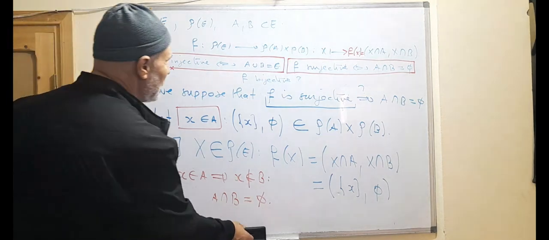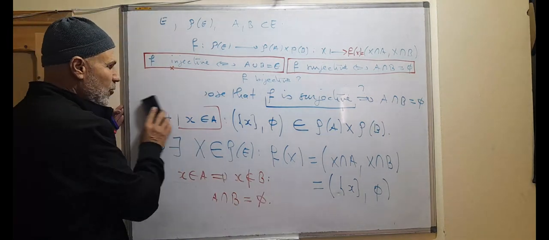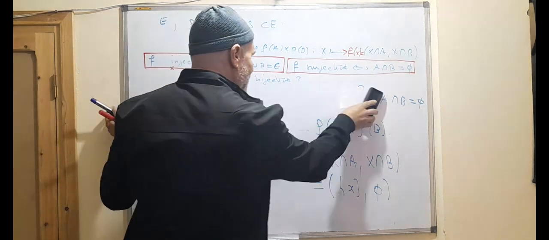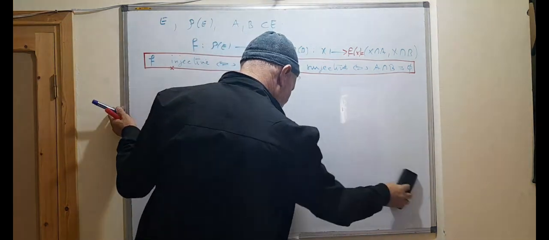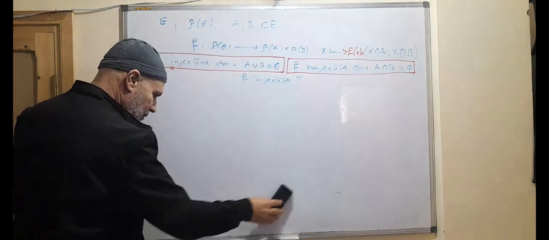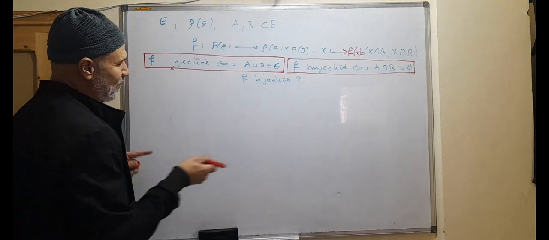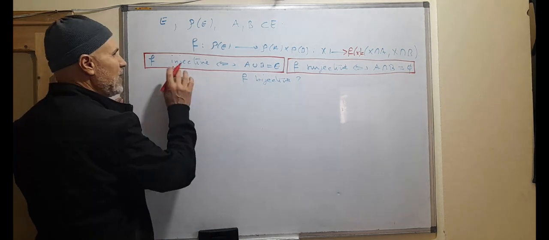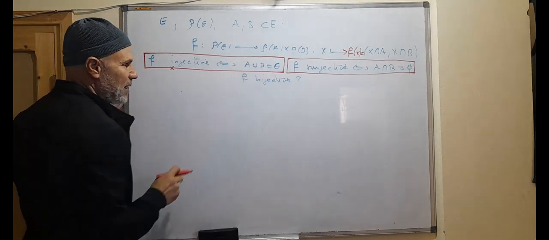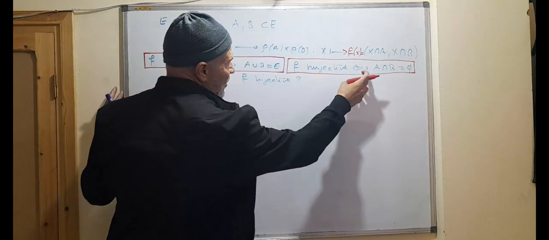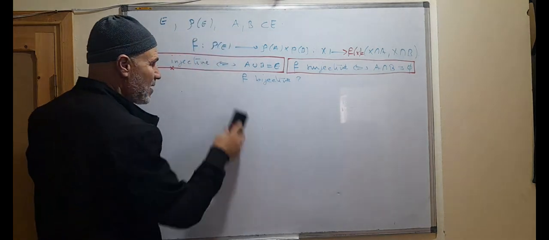What we need to do to finish this exercise is to give a characterization for this function to be bijective. F injective is equivalent to this, and F surjective is equivalent to this.